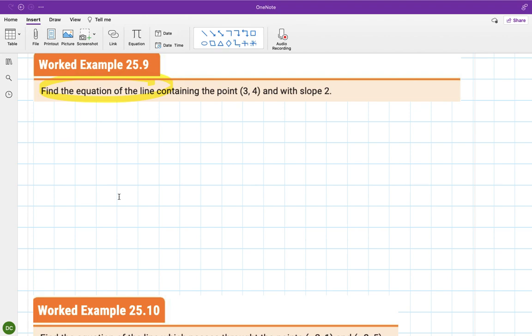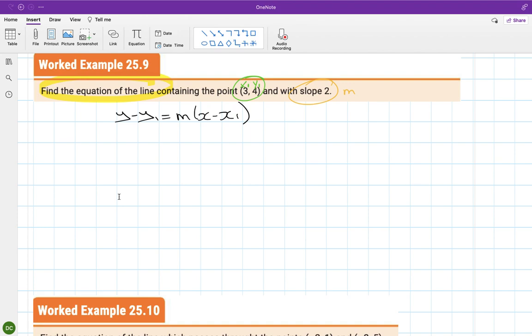I go to my table book, get my equation of a line formula, and write it down. I'm going to take my point and label it. The first part will be x1, and the second part y1, and then my slope is m. And like in the other formulas, I'm just going to sub everything in the right place.